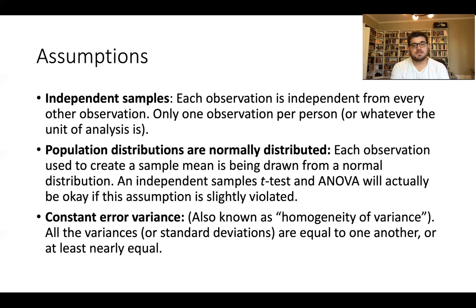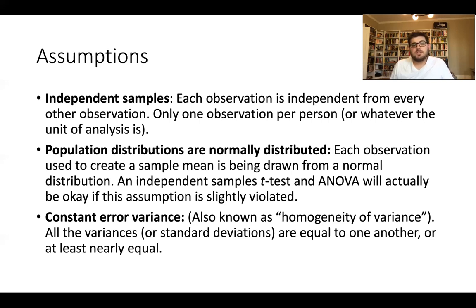And constant error variance, oh, it really hurts me to say it this way. Basically, you assume that each distribution is roughly equal in how dispersed it is, or how spread out it is. If one of your distributions has a lot of scores that are pretty much the same, and another distribution has people that are all over the place, then that's not going to be accurate, since these tests assume that they're roughly equal in their dispersion.